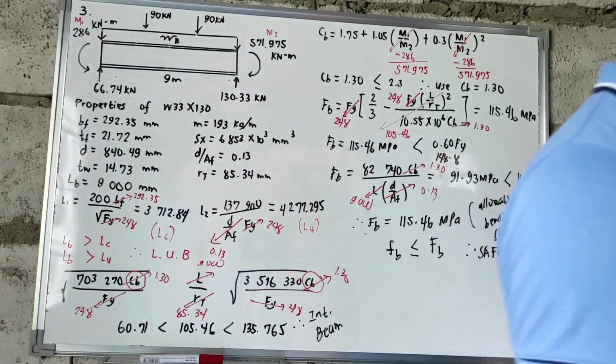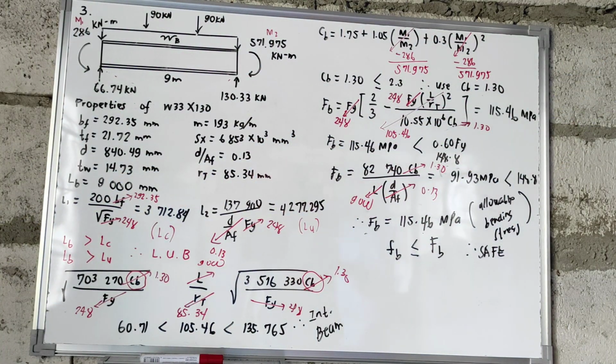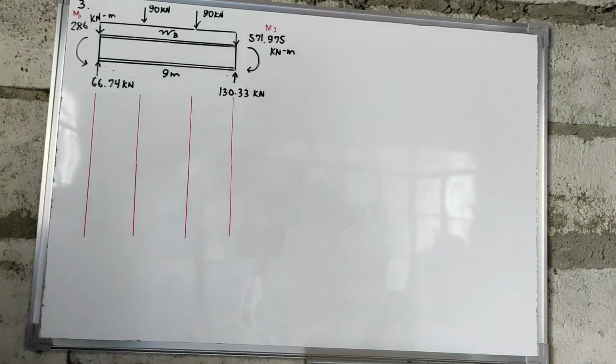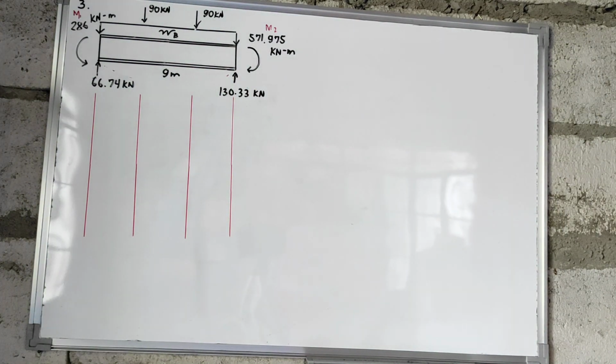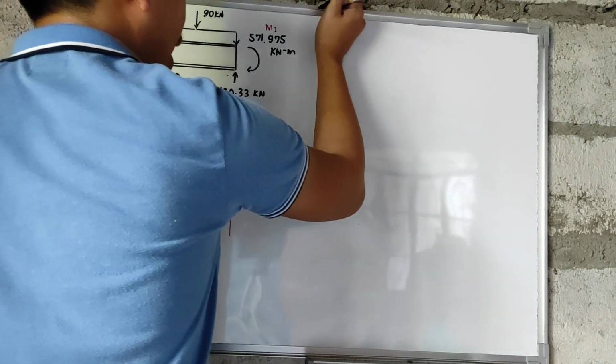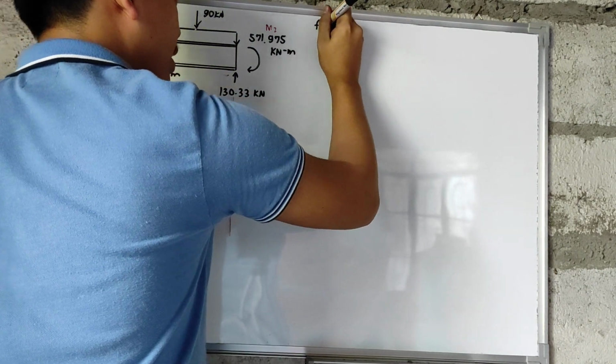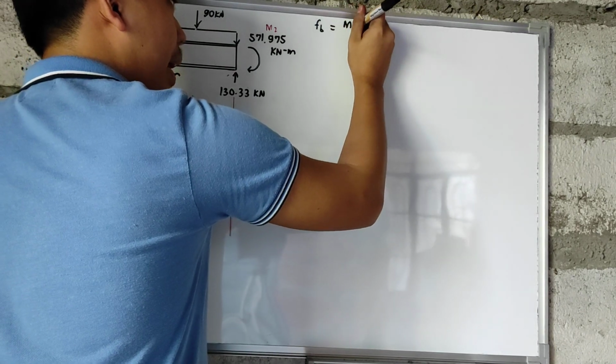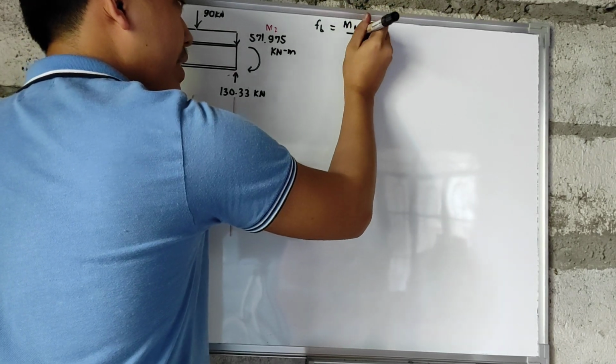So, draw natin yung shear and moment diagram nung beam natin. Let's draw the shear and moment diagram ng beam natin. Yung goal natin dito is mahanap natin yung value ng actual bending stress natin, which is equal sa M max all over S sub x.